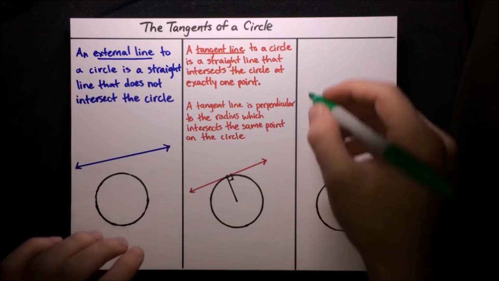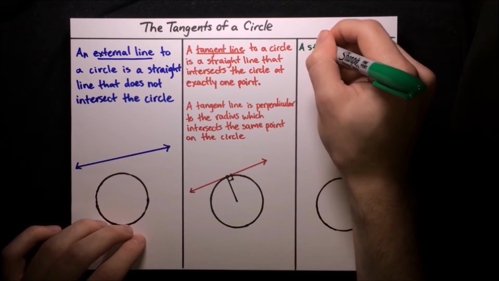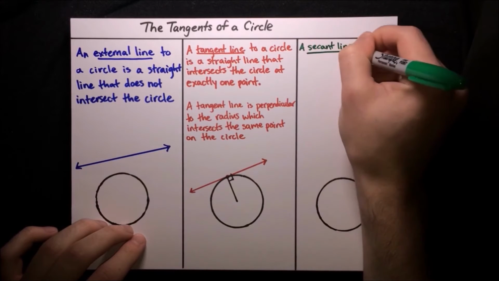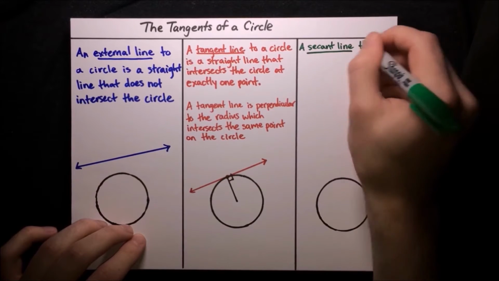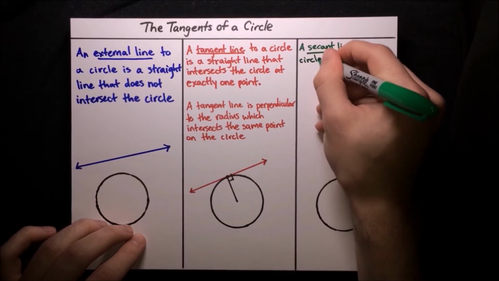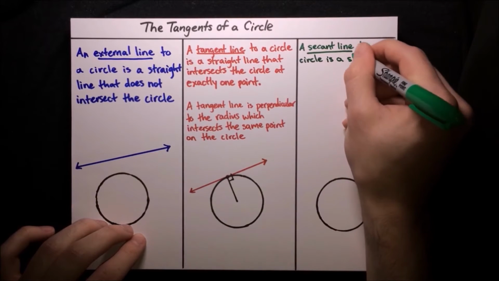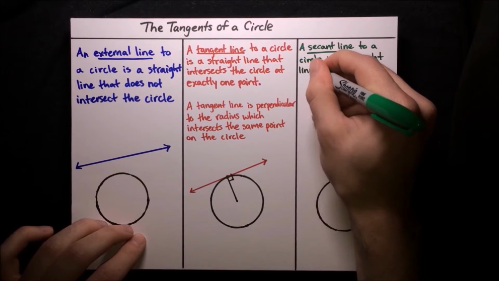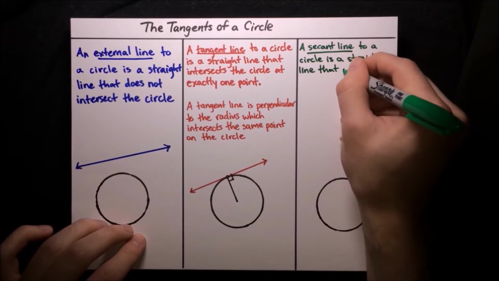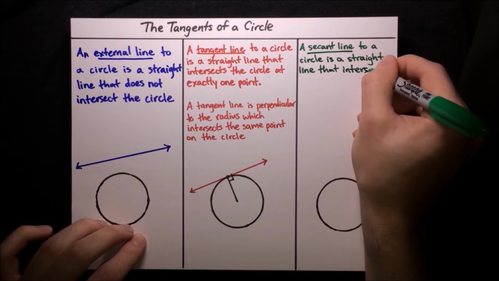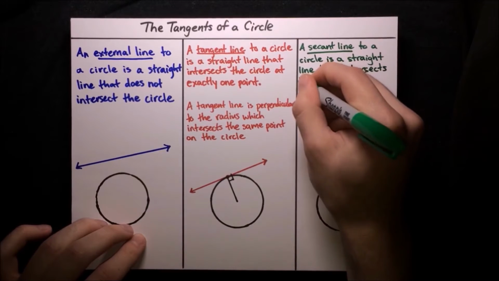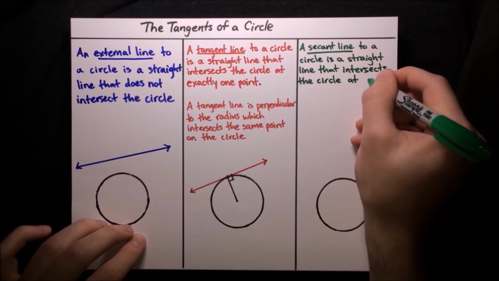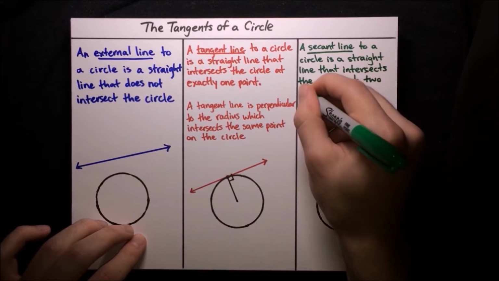All right, and then lastly, a secant line to a circle is a straight line that intersects the circle at 2 points.